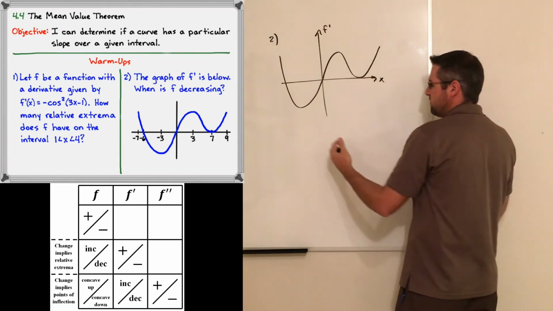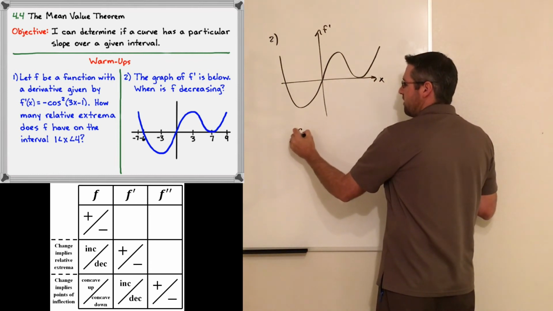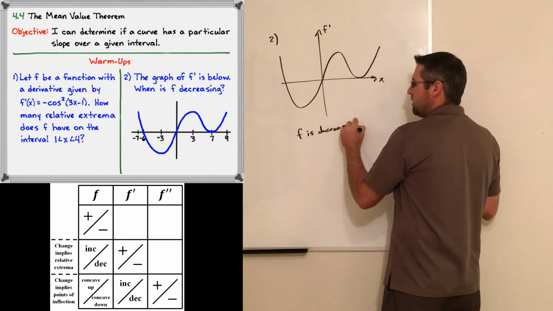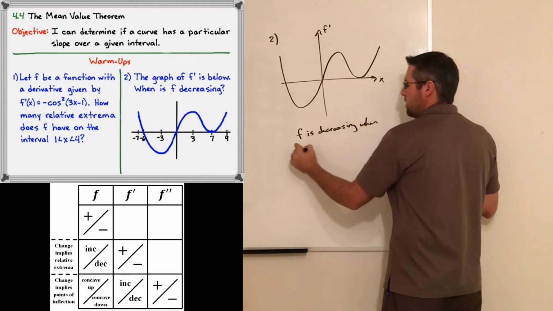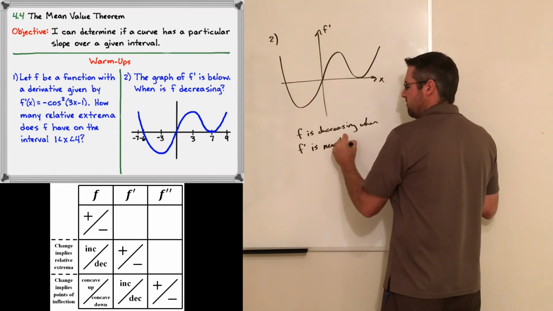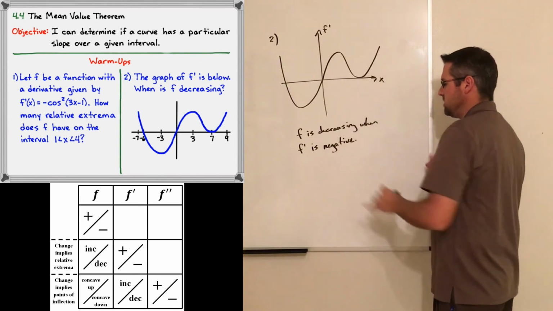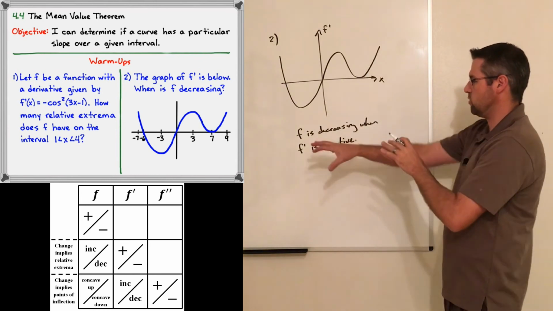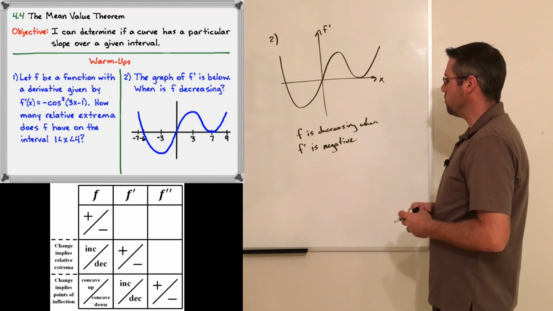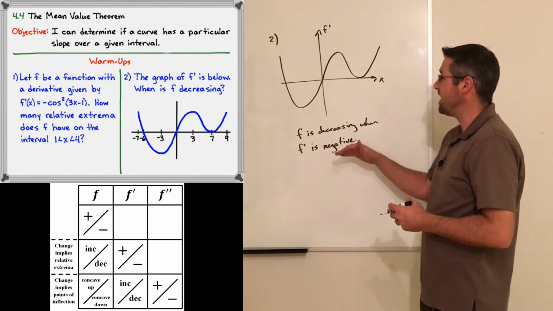So let's go through our justification. We know that f is decreasing when f prime is negative. Okay, so f is decreasing when f prime is negative, and that's according to the chart that we're developing throughout this unit. So we would just look for when f prime is negative.